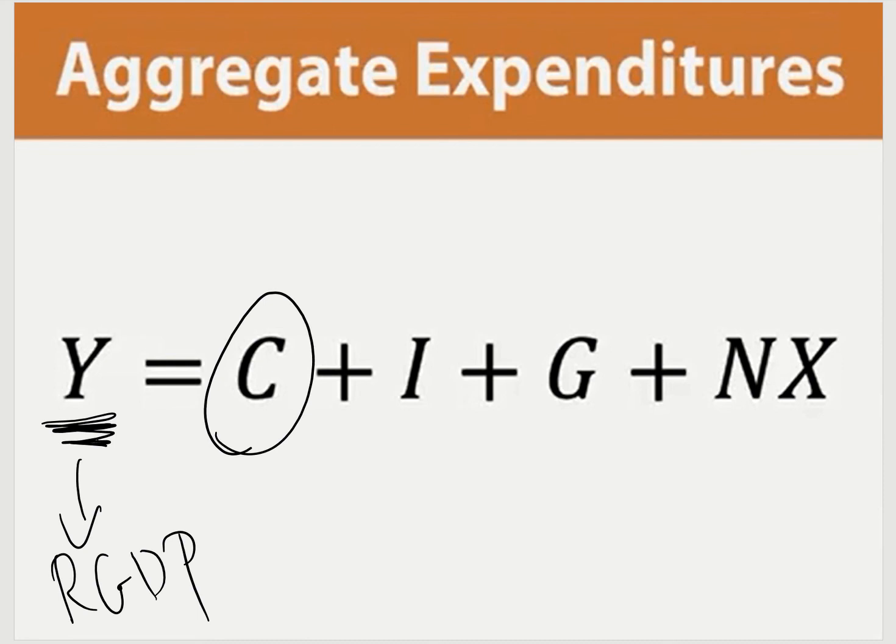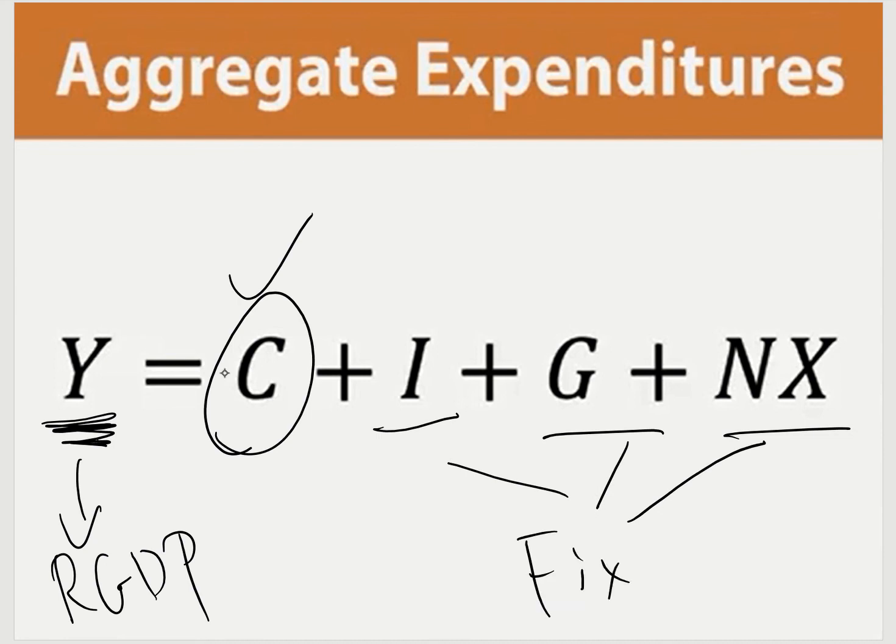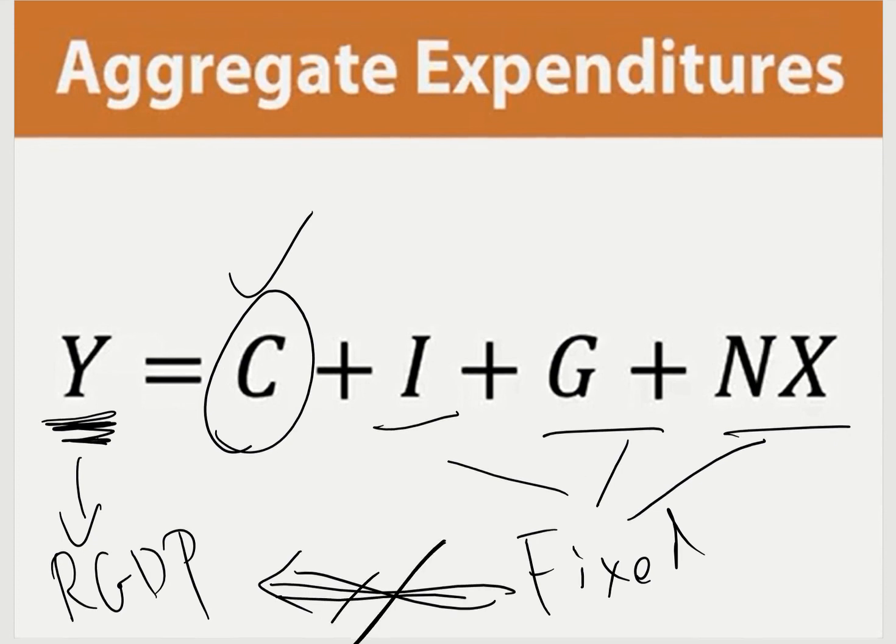We're going to talk about why that is later, okay? But this one will change. But investment, government spending, and net export, these three are all fixed. They're independent of our real GDP. So whenever real GDP changes, it has no impact on net export, but it will have an impact on the consumption. Okay, so that's the second assumption.